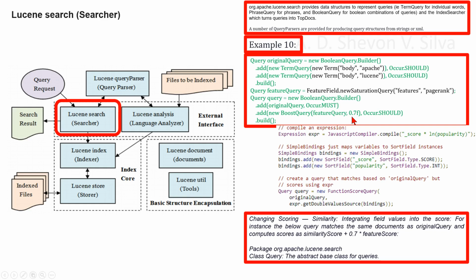This is the class Query in package org.apache.lucene.search, the abstract class for queries. While similarities help score a document relative to a query, a document may also hold features that measure the quality of a match.